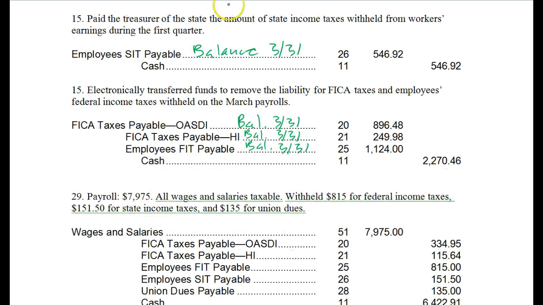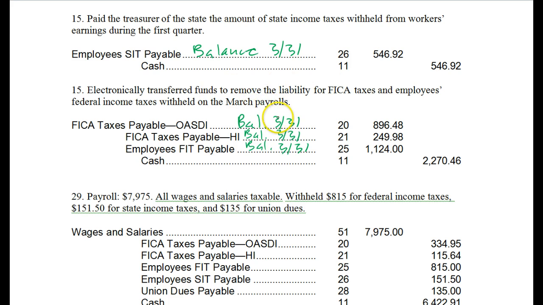Next journal entry, paid the Treasurer of the state the amount of state income taxes withheld from workers' earnings during the first quarter. So you're going to be paying whatever the balance was in the state income tax account as of 3/31, which is 546.92. And then the payment for the FICA taxes and employees' federal income tax withheld on the March payrolls.